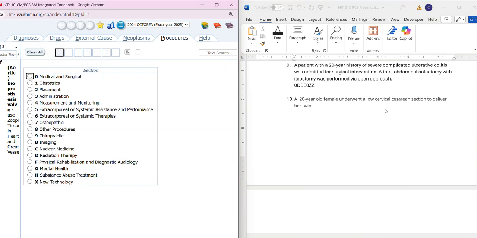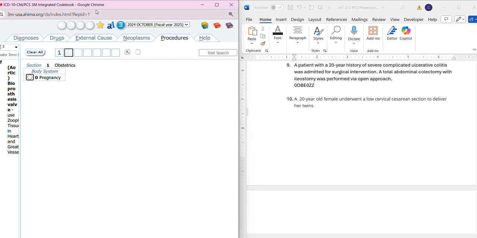All right. Last one, number 10. A 20-year-old female underwent a low cervical cesarean section to deliver her twins. So for this one, the section is going to be number 1, obstetrics.